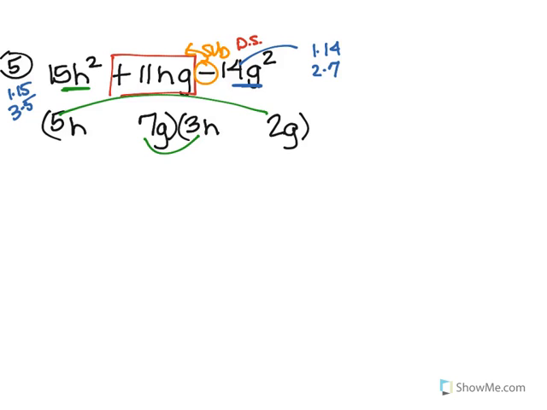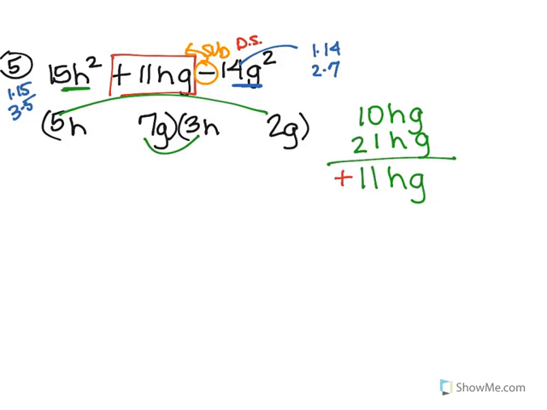So on the outside, that would give me 10hg. On the inside, that's 21hg. And if you subtract 21 and 10, that will give you an 11hg. So 11 is positive. That means 21 has to carry that positive.